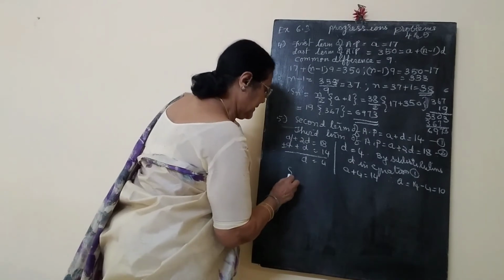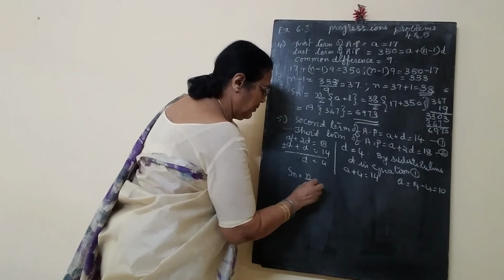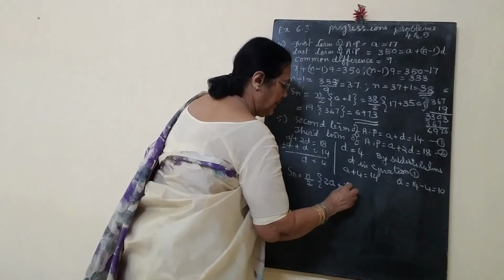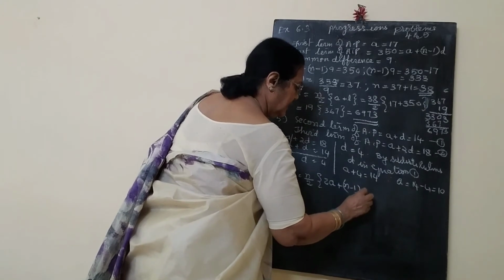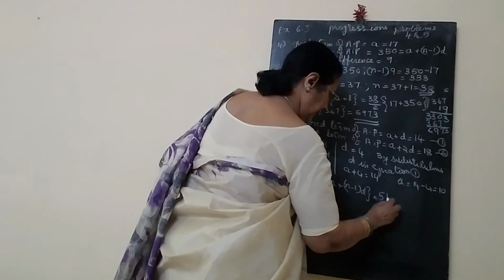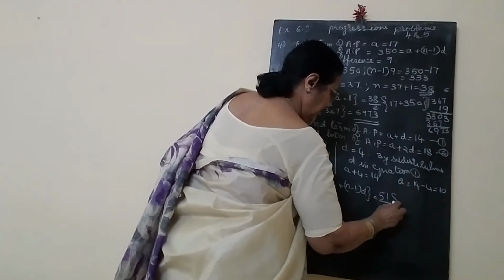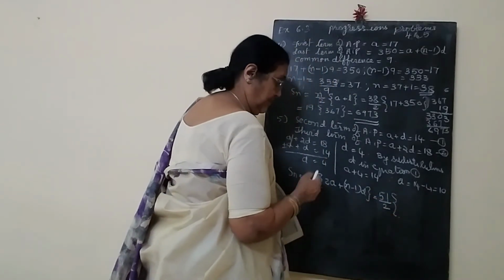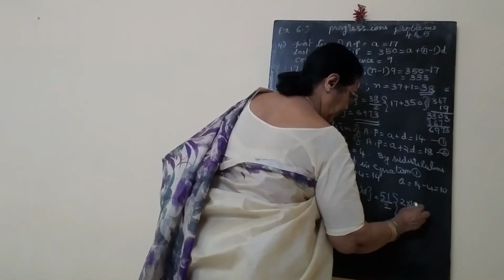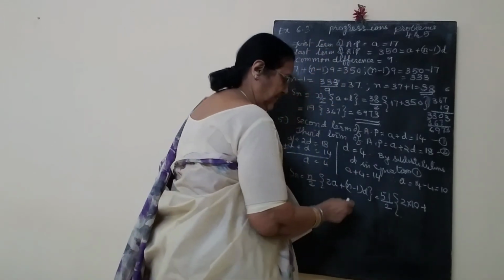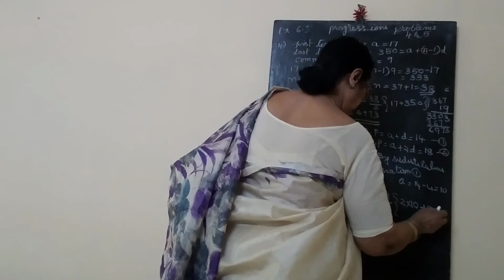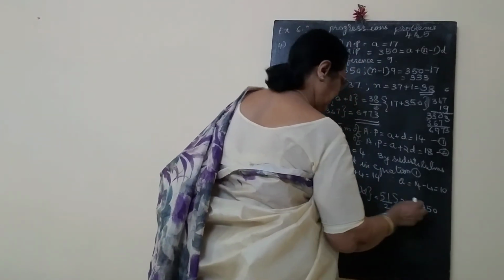And he asked us to find out the sum of the first n terms. So Sn is equal to n by 2 into 2A plus n minus 1 into D. That is equal to 51 by 2, since he asked for the sum of 51 terms, into 2 into 10 plus 51 minus 1, 50, into D, which we found out is 4.